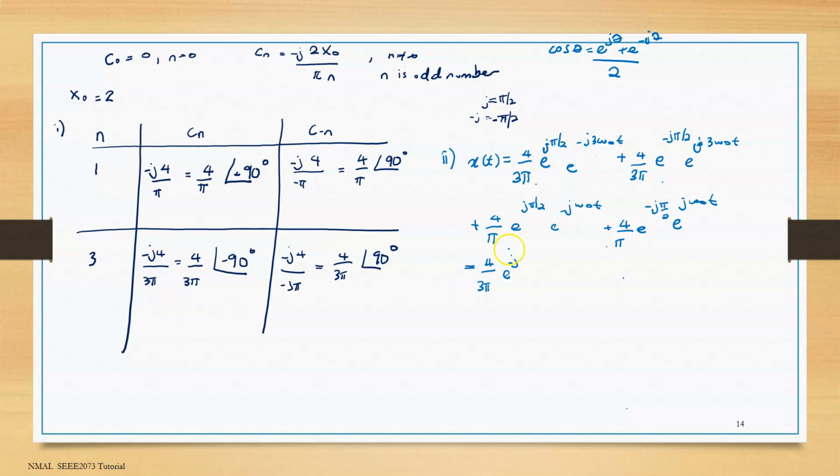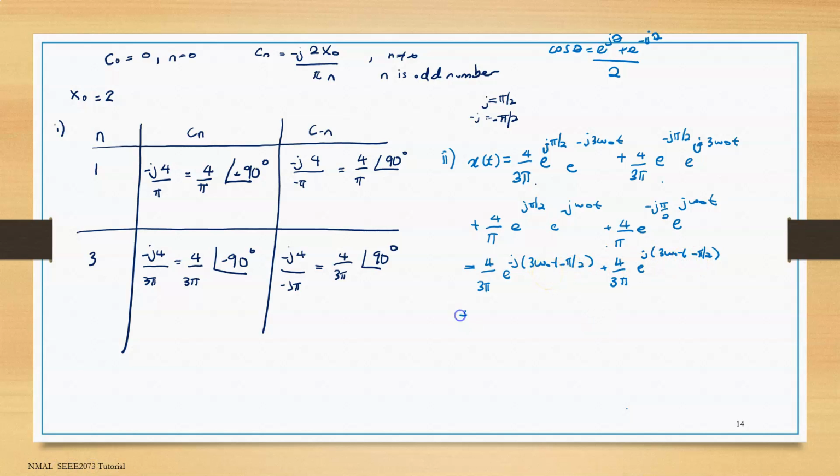I take out the negative j, so here it will become 3 omega naught t minus pi over 2, okay, and then plus 4 over 3 pi exponent, this time I take out the j only, so it becomes 3 omega naught t minus pi over 2. Okay, so notice that I make sure that inside the bracket has the same numbers and also polarity.